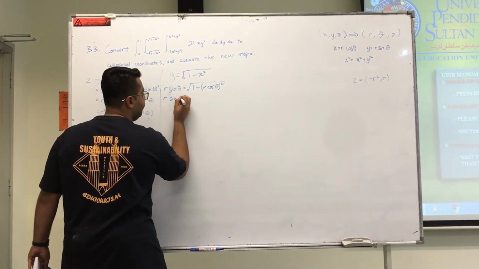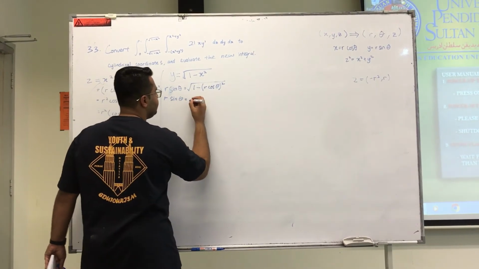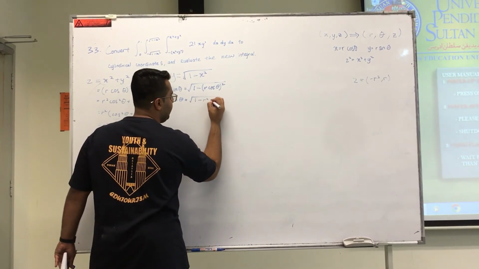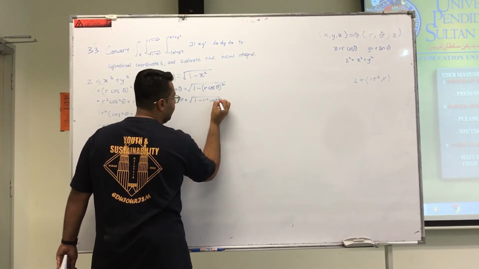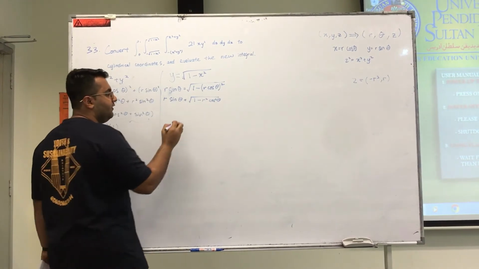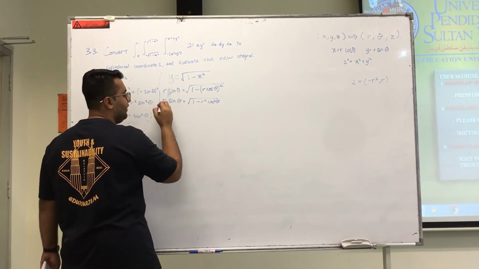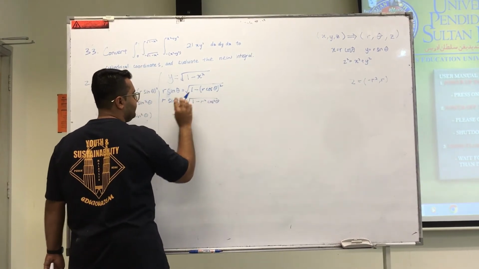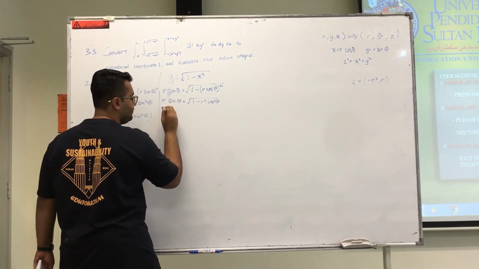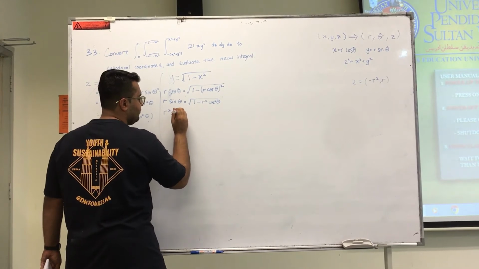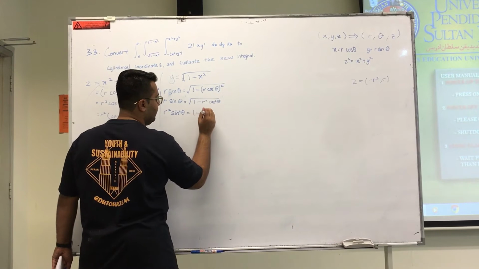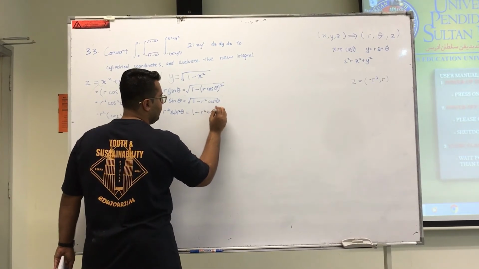We open the bracket, in the square root first, 1 minus r squared cos squared theta. Here, we will square both sides. So r squared sin squared theta is equivalent to 1 minus r squared cos squared theta.